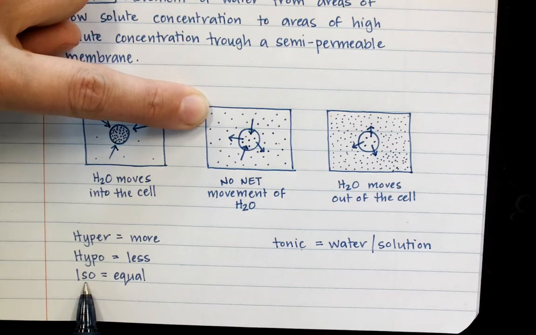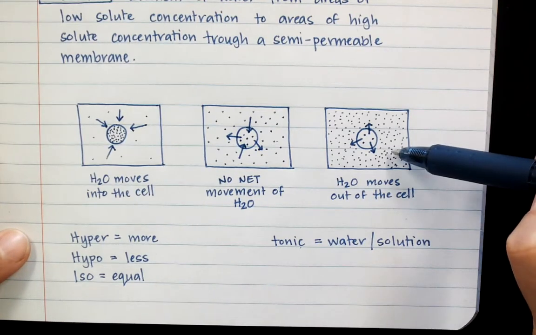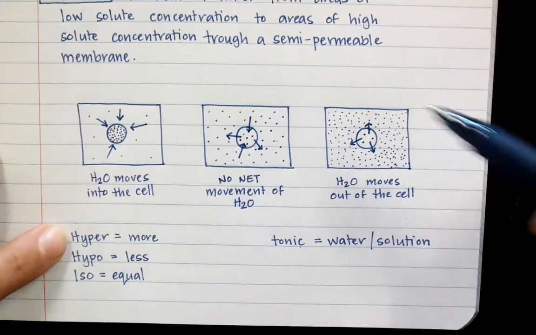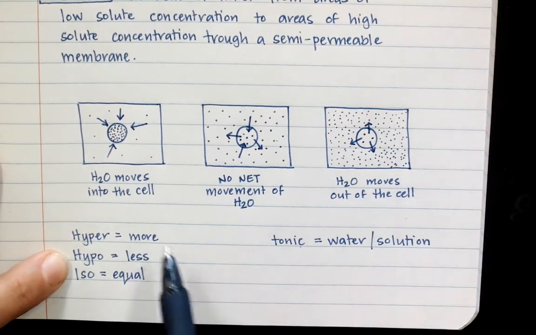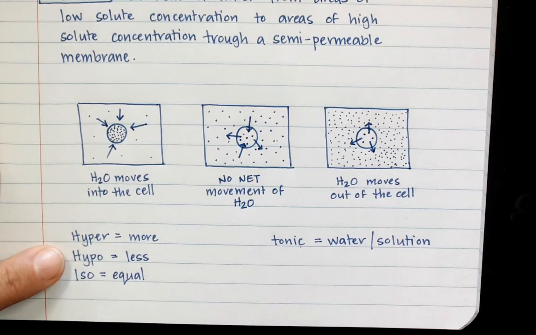They have equal concentrations. Here, we would say that the solution is hypertonic, the cell is hypotonic. So because these words mean more and less, they have to actually refer to something else. So it's always a relationship between one thing and the other thing.